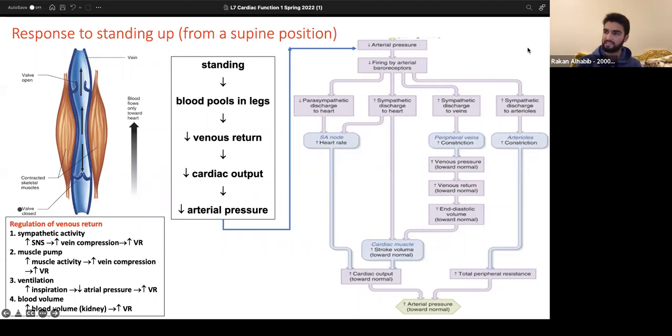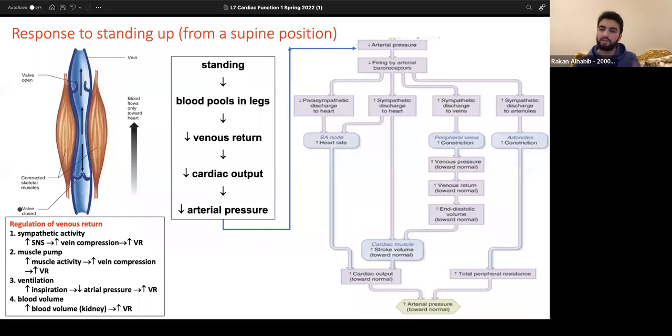When there's less mean arterial pressure, I think you took this with Dr. Peter even, the baroreceptors are going to decrease in firing, which will cause an increase in sympathetic discharge to the heart, so more contraction of the heart, and an increased sympathetic discharge to veins, which will cause venoconstriction, so more venous pressure, more venous return, and more end diastolic volume.